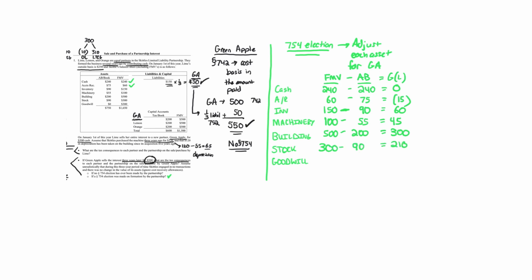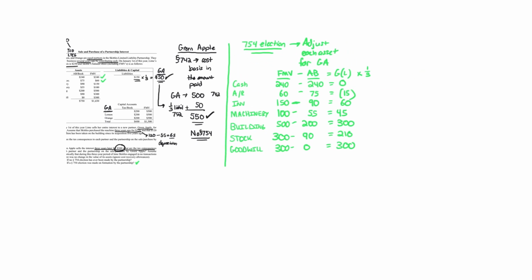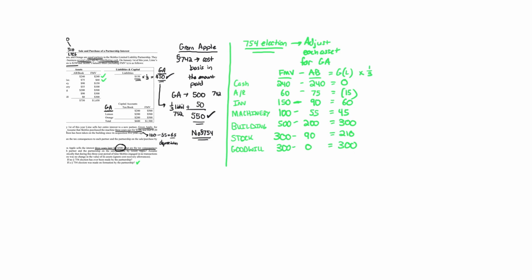That gives us 210. And then goodwill, we have 300 minus 0, and that gives us 300. We then multiply that gain or loss by Green Apple's percentage, which of course is 1/3, because Green Apple is acquiring 1/3 and joining. So we multiply each of these numbers by 1/3.